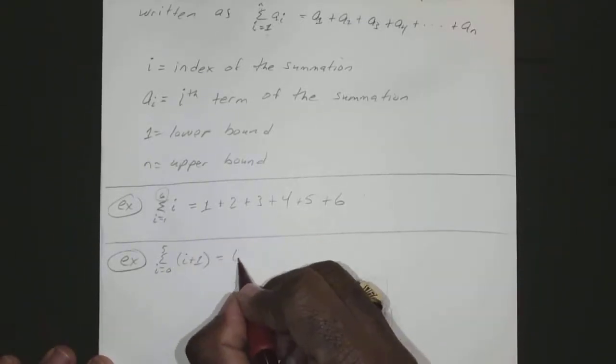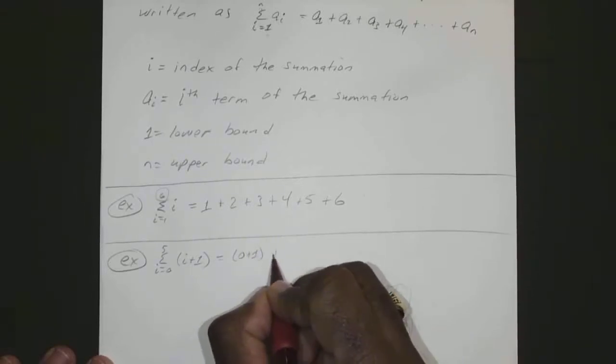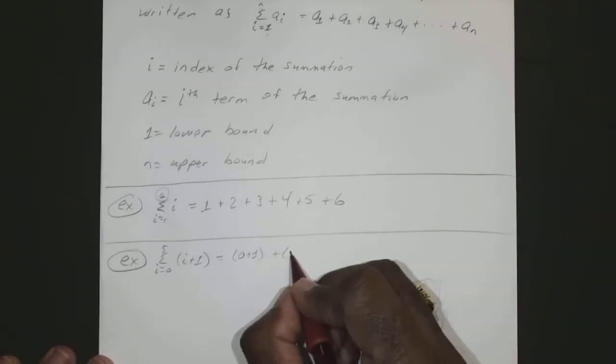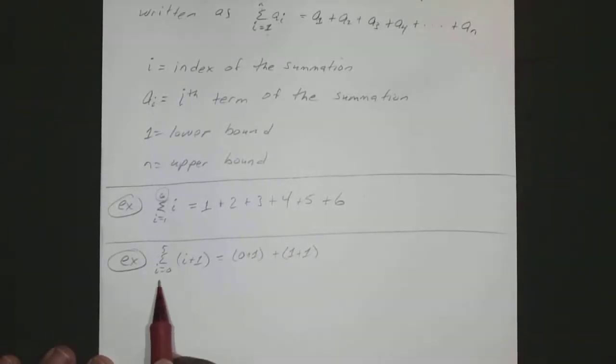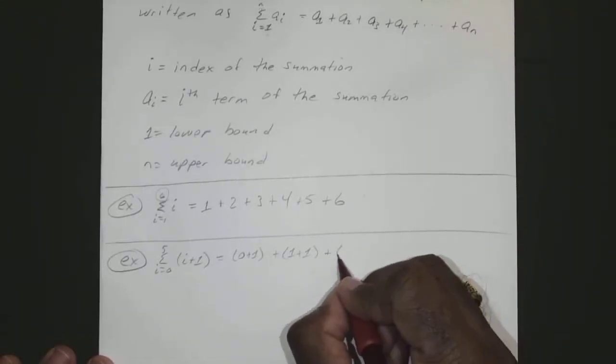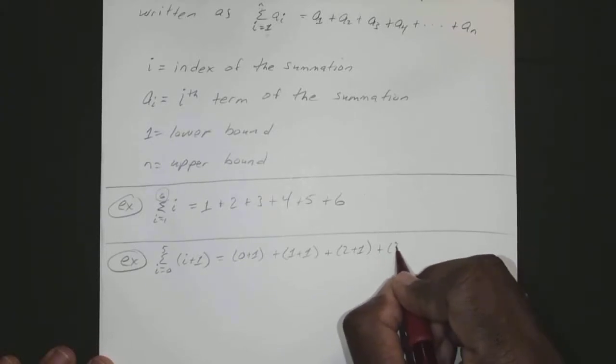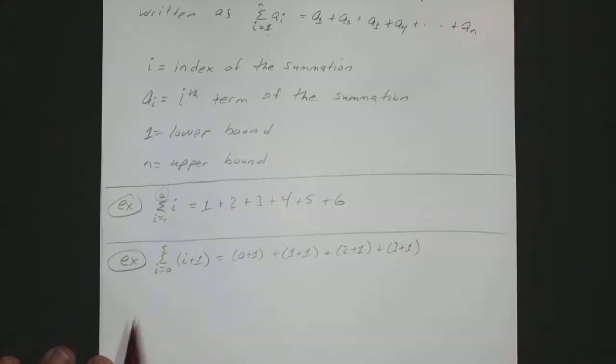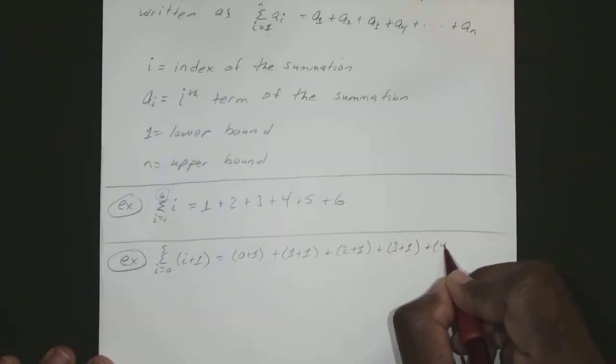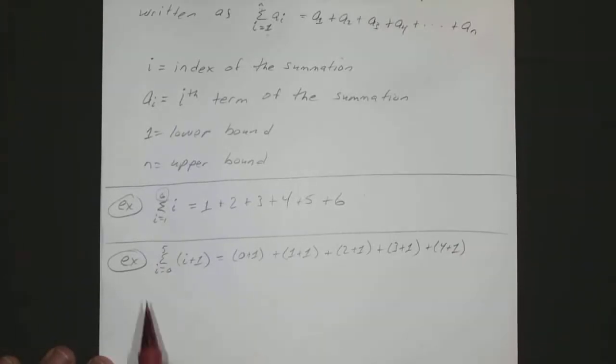So you have 0 plus 1. Then you're going to plug in 1. 1 plus 1. Then you're going to plug in 2. Then you're going to plug in 3. Then you're going to plug in 4. Then you're going to plug in 5. And that's where you're going to stop.